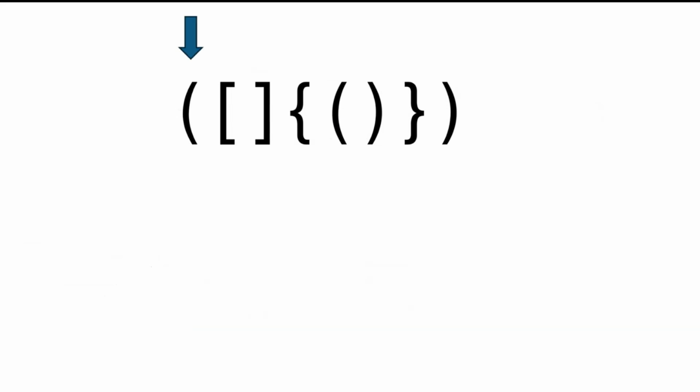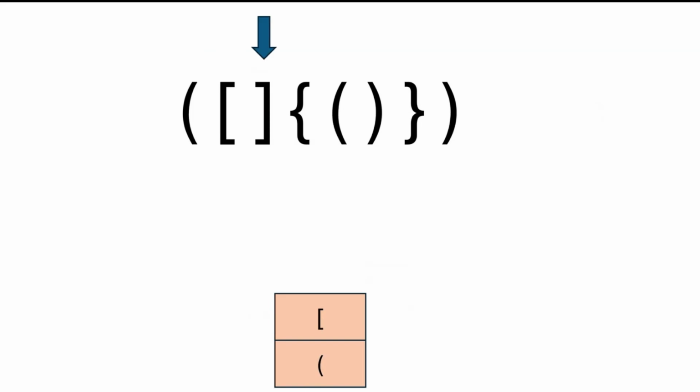If we start parsing the string, we'll put each open bracket to the stack, and as we see the closing bracket, we check the top of the stack. It means the last open bracket, and if it is of the same type, then continue. Then push the open bracket and check. Whenever we see the closing bracket, we check the last open bracket and close it if it is the same type.